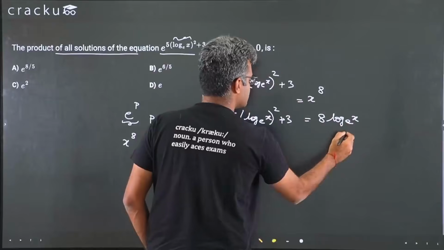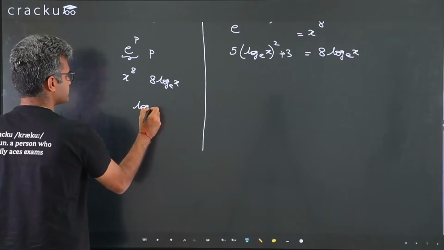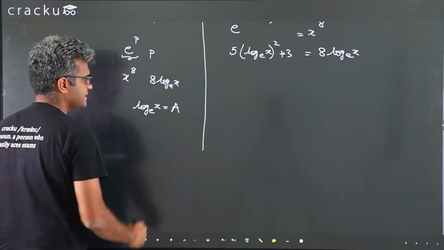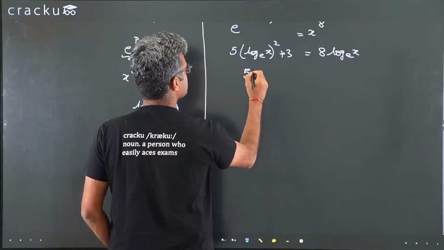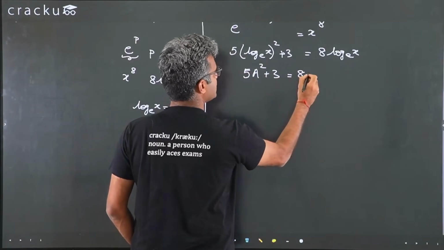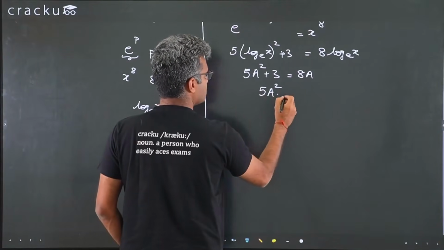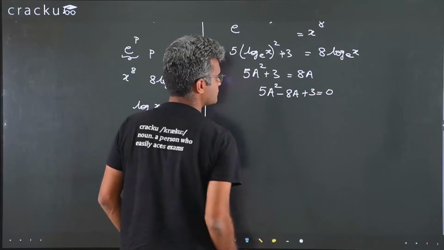If you assume that log of x to the base e is equal to a new variable, say a, the given equation is 5a square plus 3 is equal to 8a, or 5a square minus 8a plus 3 is equal to 0.